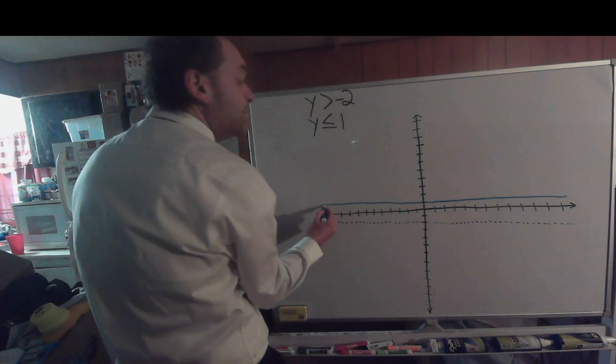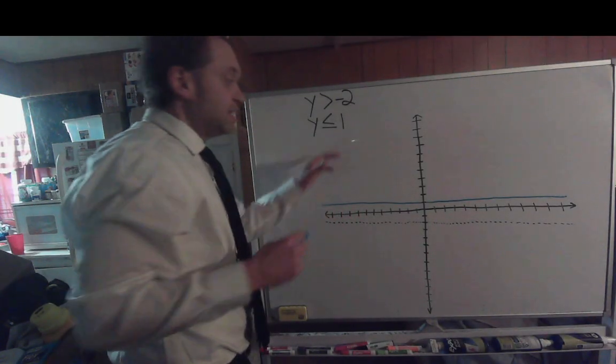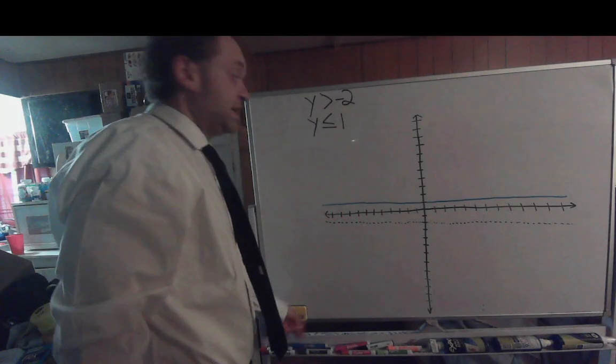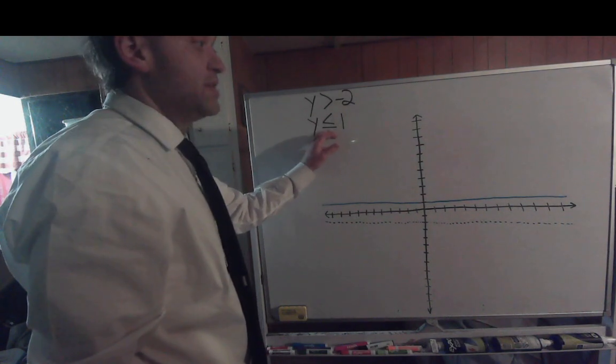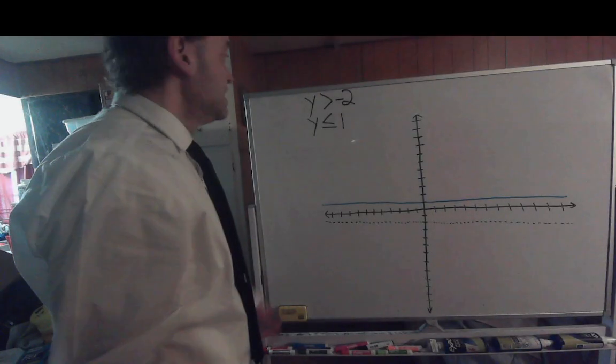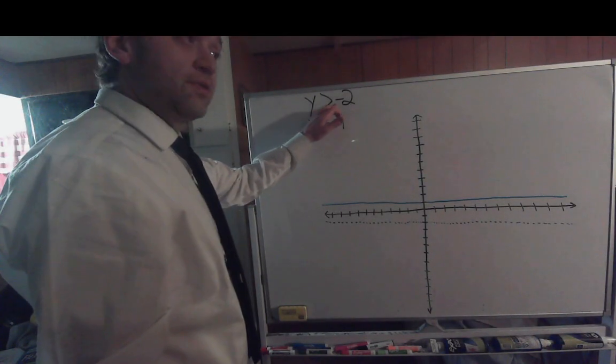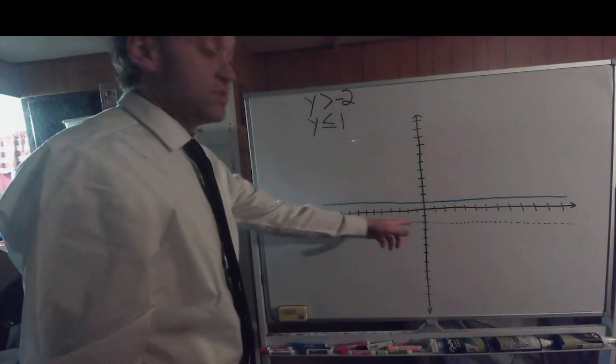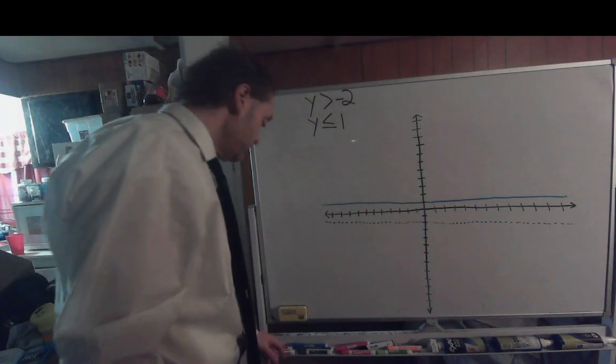All right. And it's a solid line with the equal to component, because if there's an equal to component, then the line y equals 1 is part of your solution set. But since y is just greater than -2, y equals -2 is not part of your solution set.